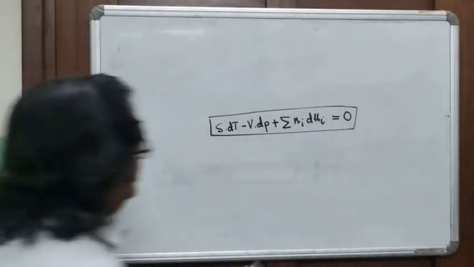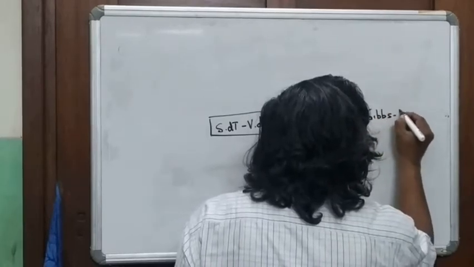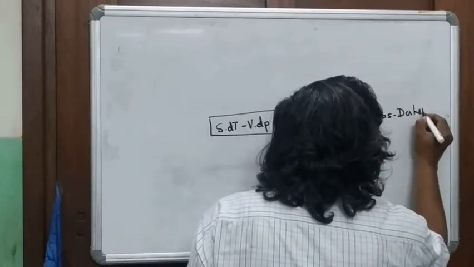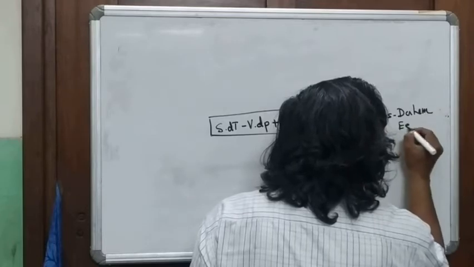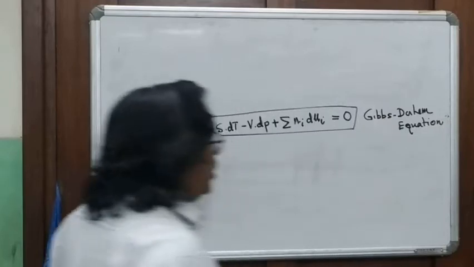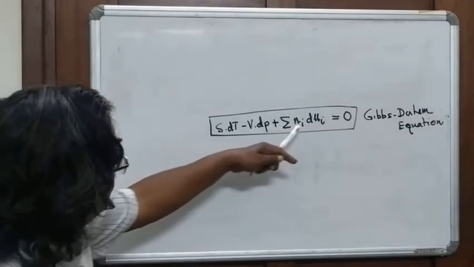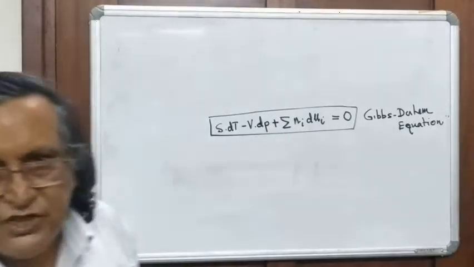This equation is called the Gibbs-Duhem equation: S dT minus V dP plus sigma Ni d mu i.